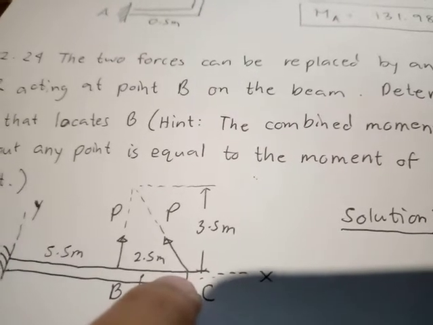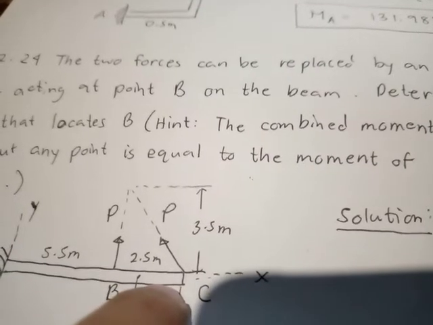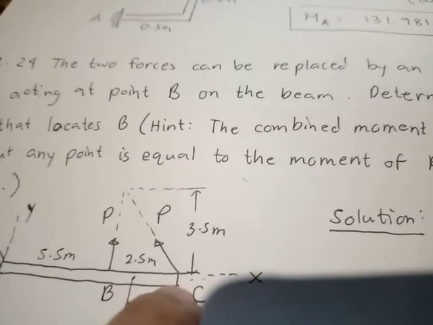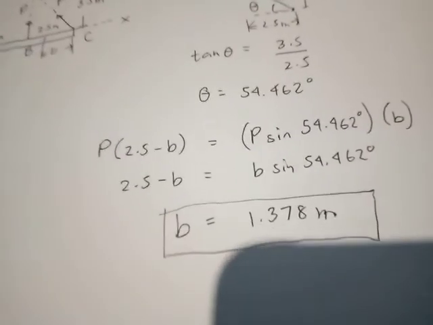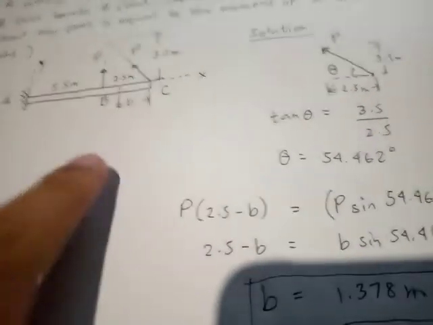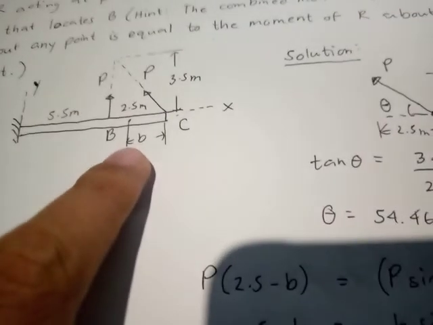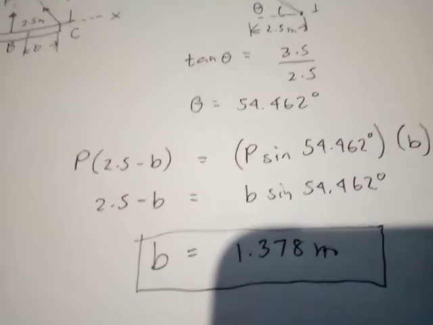The moment arm along the x component is 0 because it is parallel; it is just over the top of this beam. So we will use only the vertical component of P. So P multiplied by 2.5 minus b is equivalent to P sine 54.462 degrees multiplied by b.